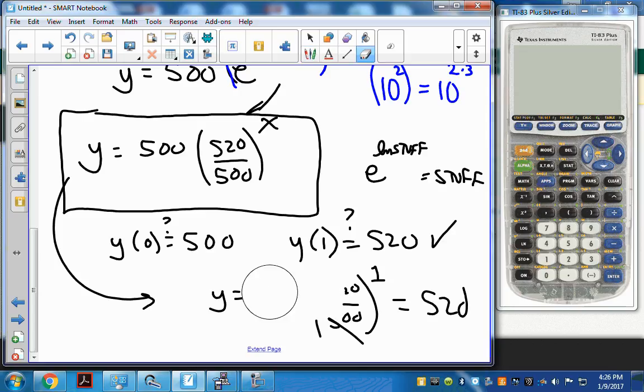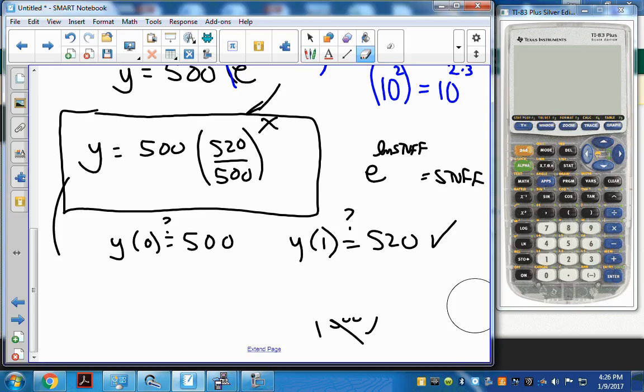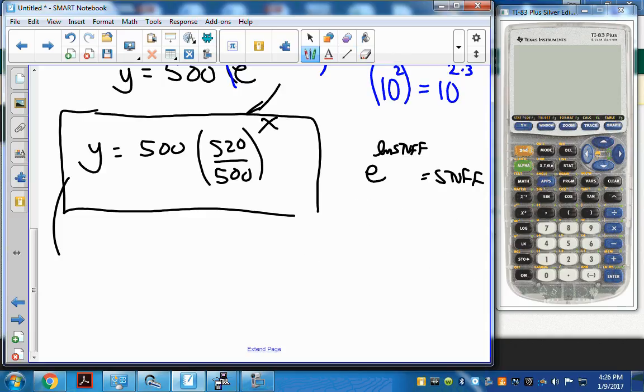And the last thing we should probably check is to make sure that when we started, we said that the derivative, dy dx, was supposed to be proportional to the original function. If we go back to the function and look at the derivative, we did this generally yesterday, but dy dx, the derivative of this function: 500 is a constant multiple, so we leave that there.